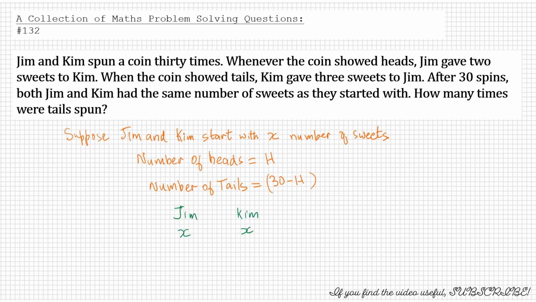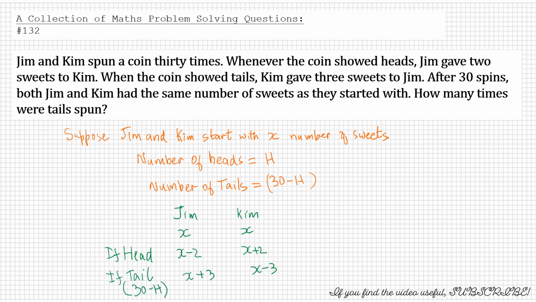So I make a column for Jim and Kim, and at first, of course, assuming both have the same number of sweets, that would be X. Now say the first spin was a head, then Jim would have X minus 2 sweets because he would give away 2 to Kim, and Kim would have X plus 2 because she receives 2 from Jim.